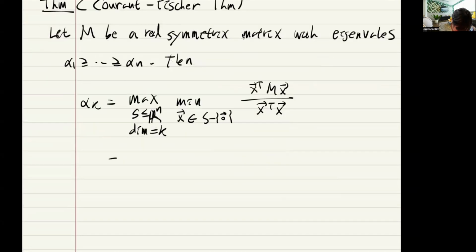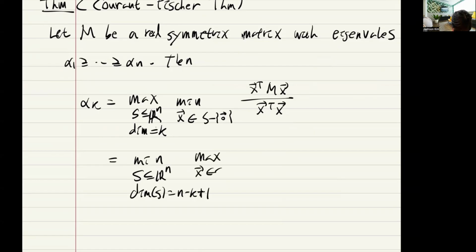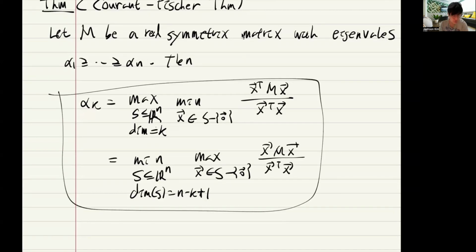And that's the same as alpha_k. And in a similar way, you consider all possible subspaces of dimension n minus k plus 1. And then for that choice, you consider the maximum of the Rayleigh quotient of x with respect to M. And that's also the same as alpha_k.